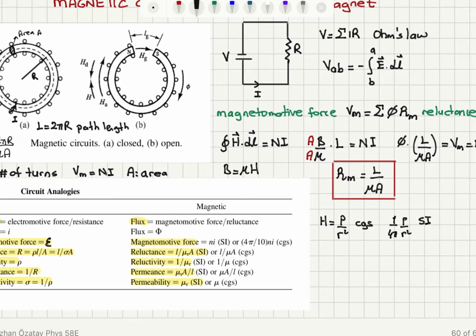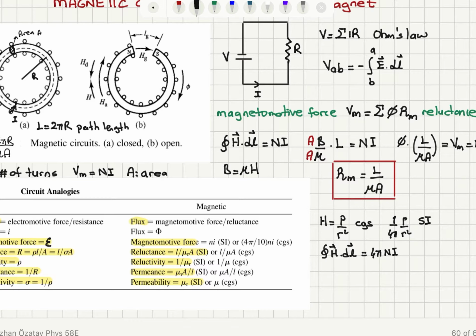If you go back to Ampere's law, written in CGS and SI, Ampere's law in CGS is 4 pi times the current enclosed, so this would be equal to 4 pi Ni.